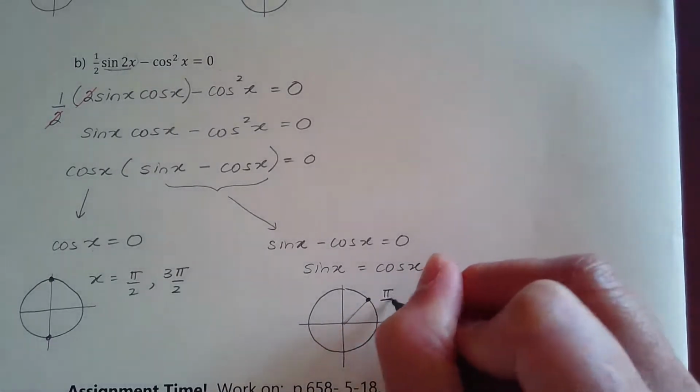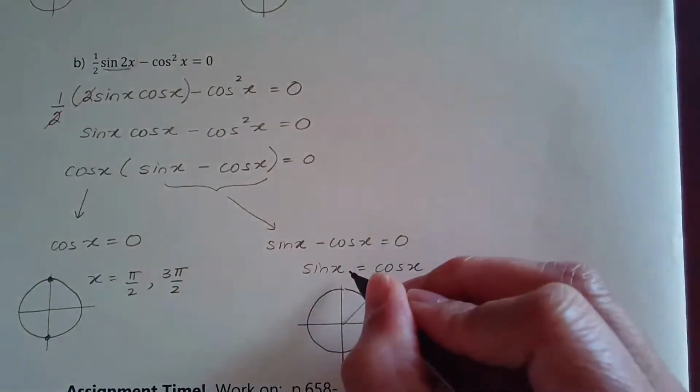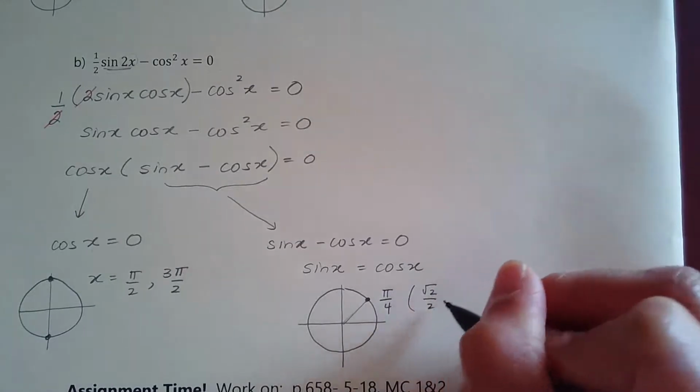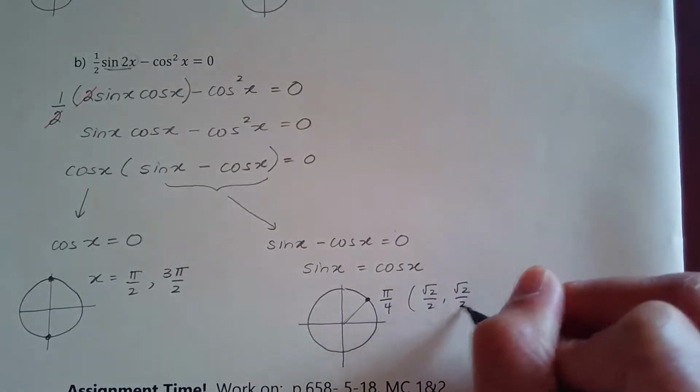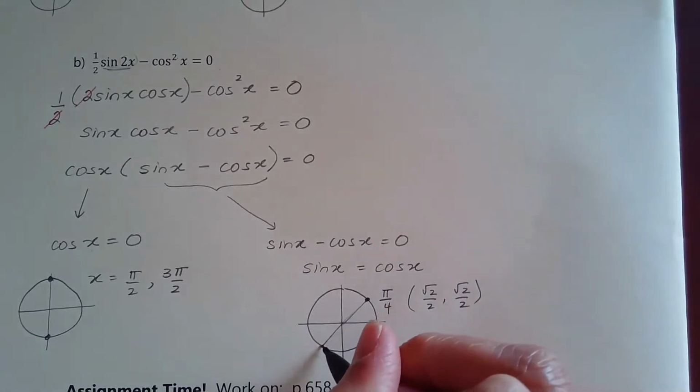At pi by 4 here, the cos of x and sine of x are equal to each other at root 2 over 2, root 2 over 2. They're equal. At the same time, they're also equal right here.